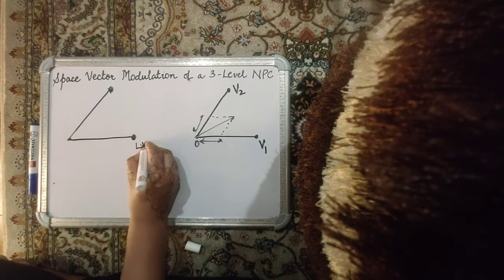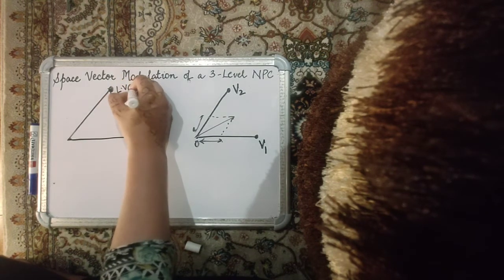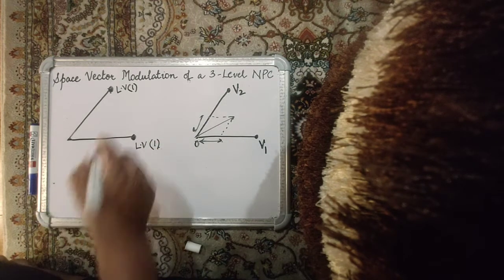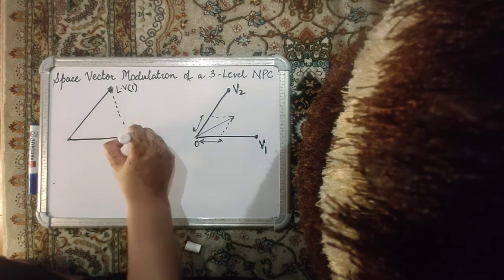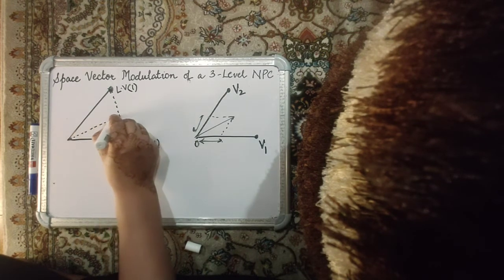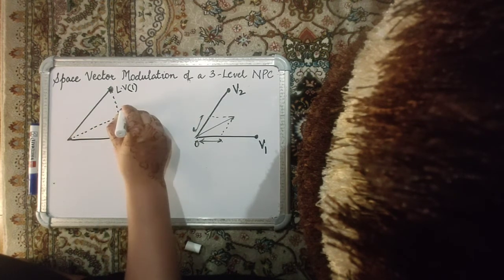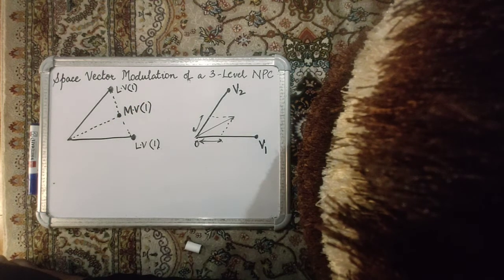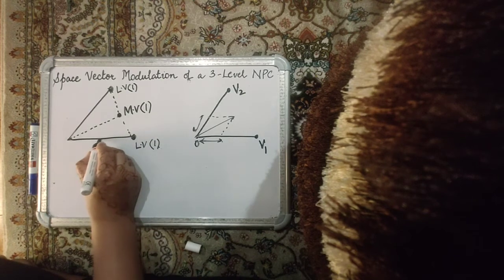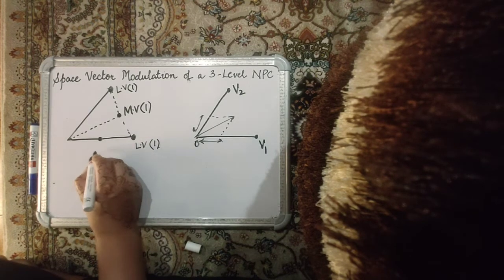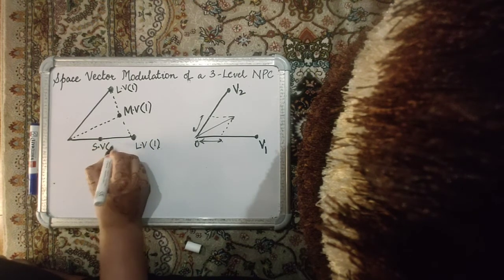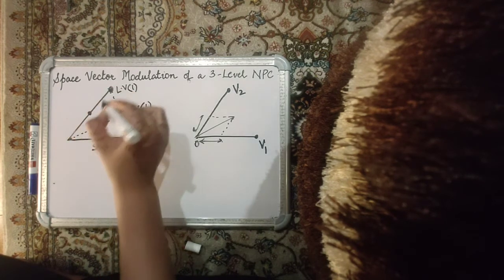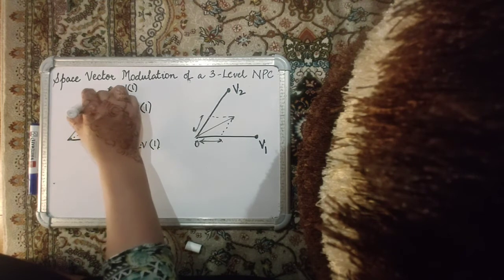So you have a large vector here and a large vector here, one state corresponding to each, and then you also have a medium vector over here, again with one state corresponding to the medium vector. And at the middle point of the large vectors, you have the small vectors, and each of these is provided through 2 switching states.